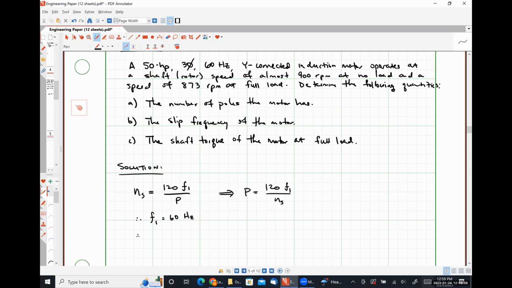So from our problem statement, our synchronous speed is 900 RPM, and at full load, our rotor speed was 873 RPM, right?